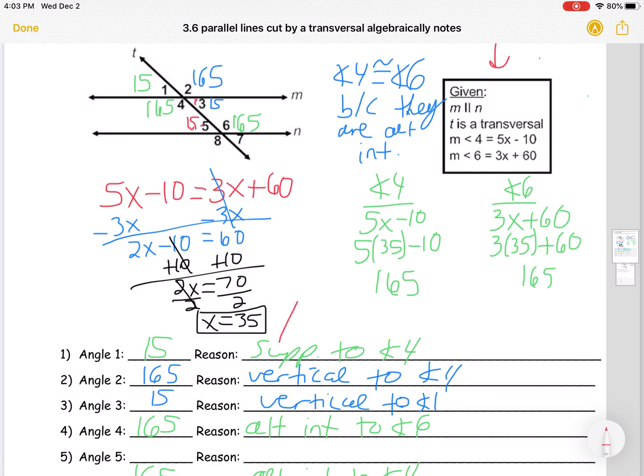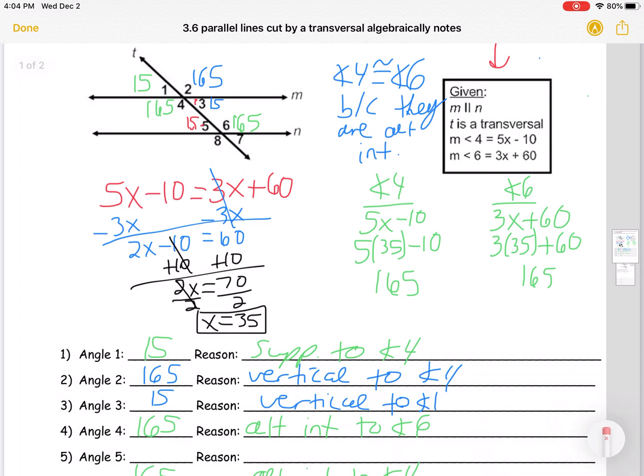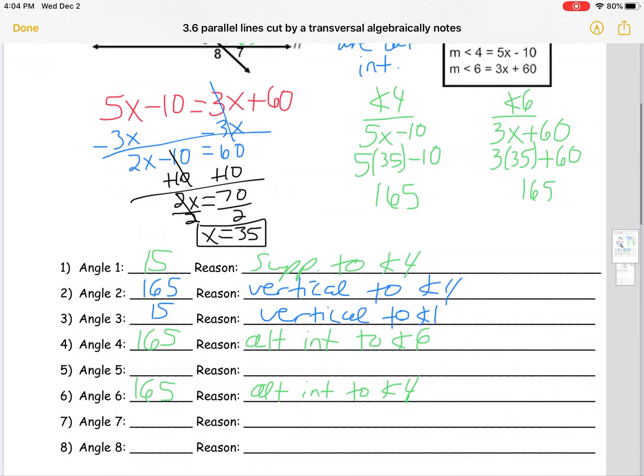So angle 5 is going to be 15, and there's a couple different reasons that you can write. I'm going to write that it's alternate interior to angle 3. Okay, so it's 15. And the reason is because it's alternate interior to angle 3.